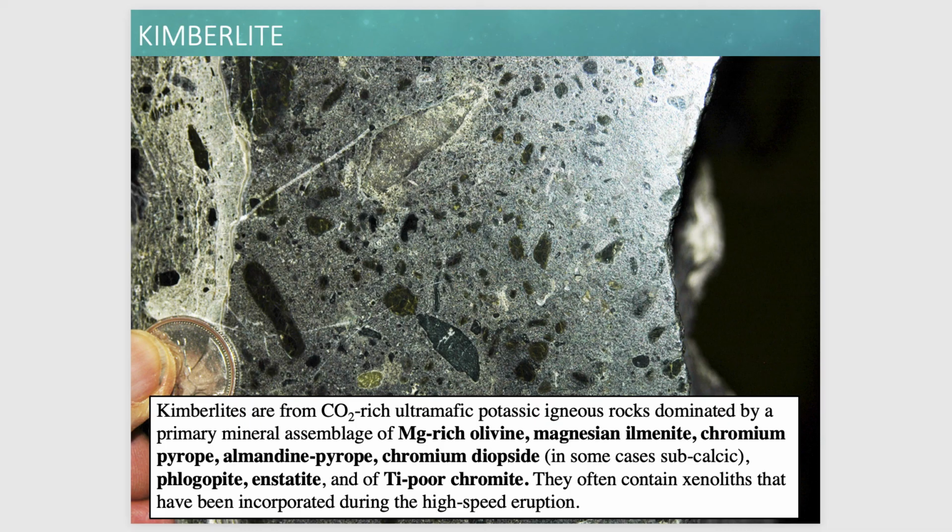Another unique rock is the kimberlite. We have discussed kimberlite pipes and presented some examples. So this rock, you could confuse it with a lithic tuff, but in reality it's very difficult to do so because of the density.